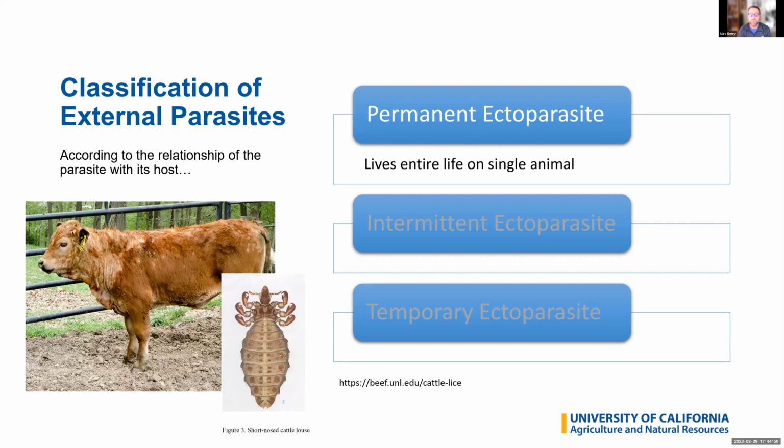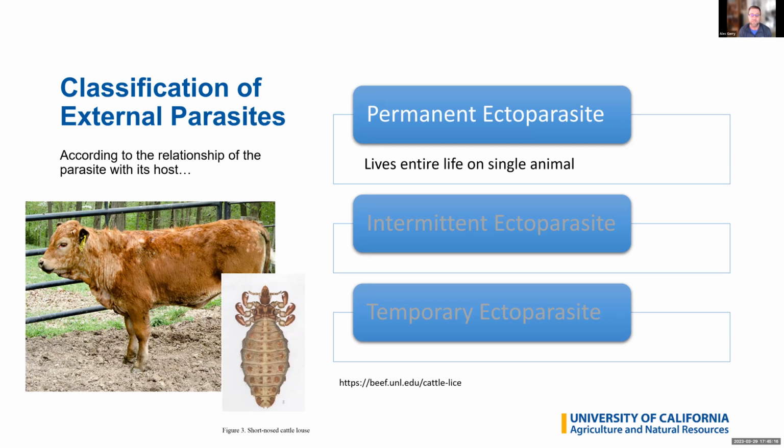Thinking about permanent ectoparasites, what we're talking about here are insects or other arthropods that basically live their entire life on a single animal. And this is true for cattle lice, as an example. So you see it pictured in the lower left, you see a short-nosed cattle louse and a cow that is infested with lice, and you can see some of the damage caused by the lice in terms of hair loss there.